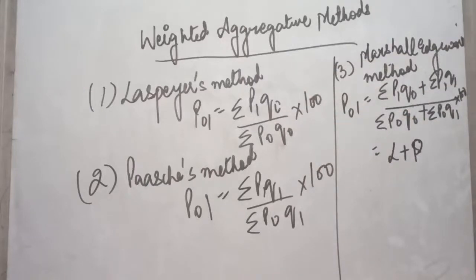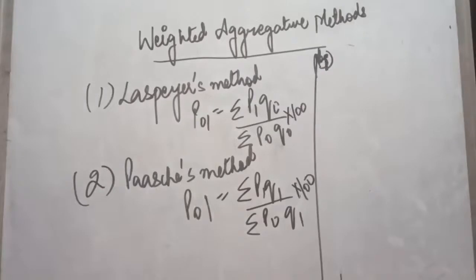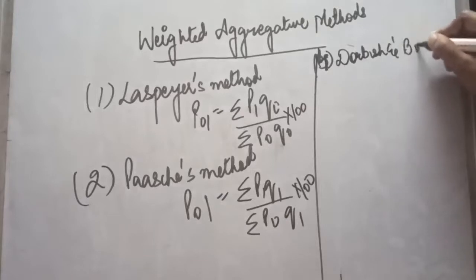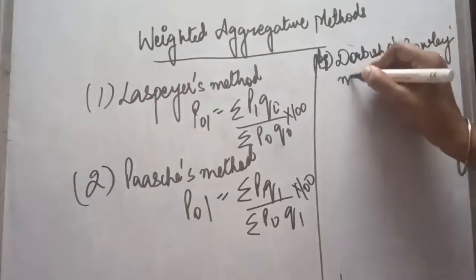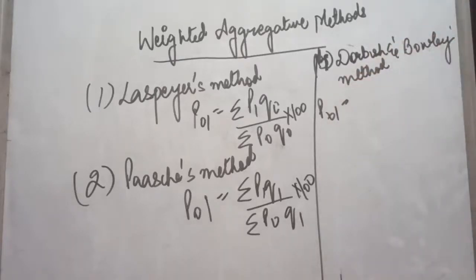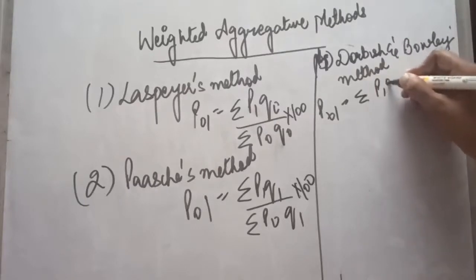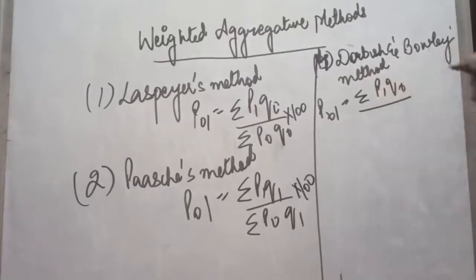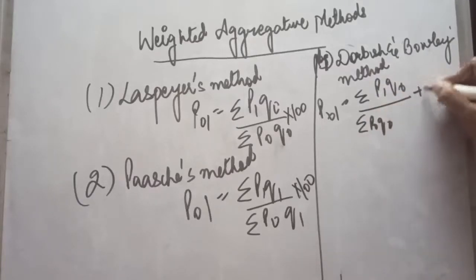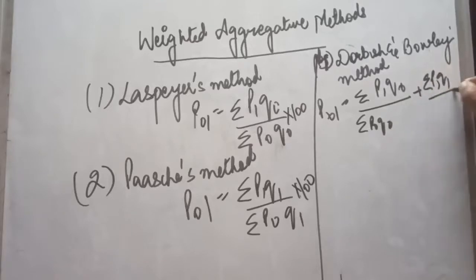Next formula is the Drobisch and Bowley method. Let us see that formula. Under this formula, our P01 is calculated like this: sigma P1 Q0 divided by sigma P0 Q0 plus sigma P1 Q1 divided by sigma P0 Q1, whole divided by 2, into 100.